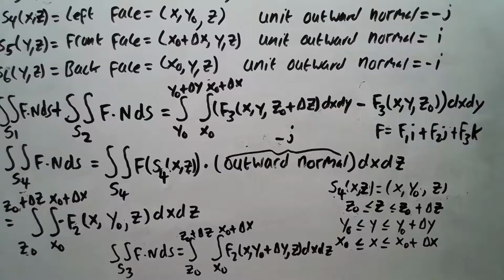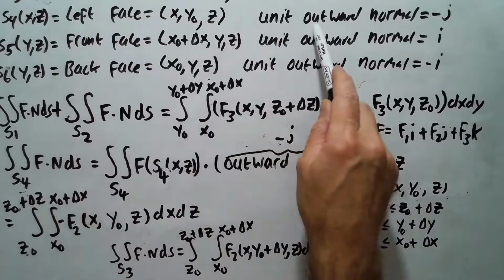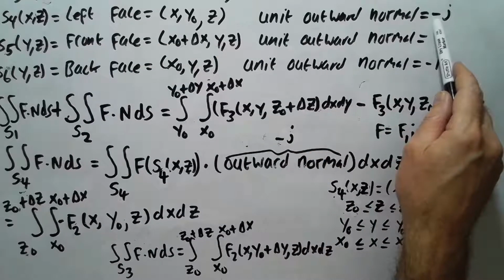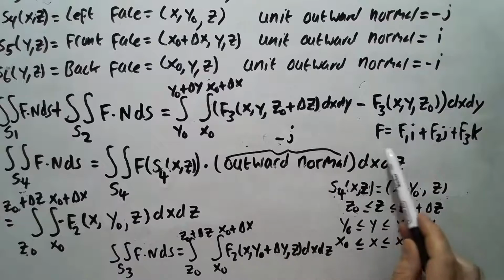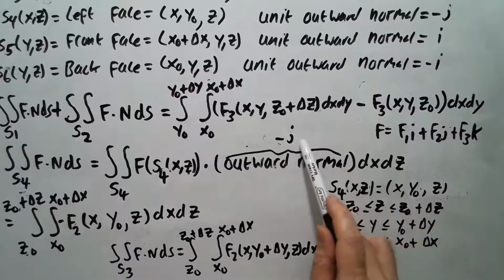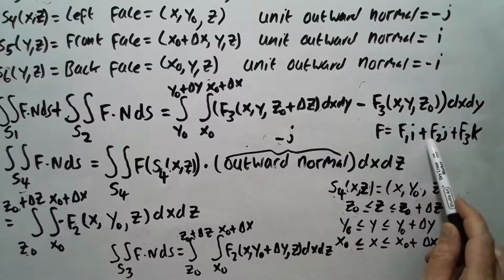Now we do the surface integral over S4. S4 is the left face, and the unit outward normal vector we established was negative J. So here's my F again. Dotting with it will pick up the F2 component, but with a negative sign in front of the F2 this time.